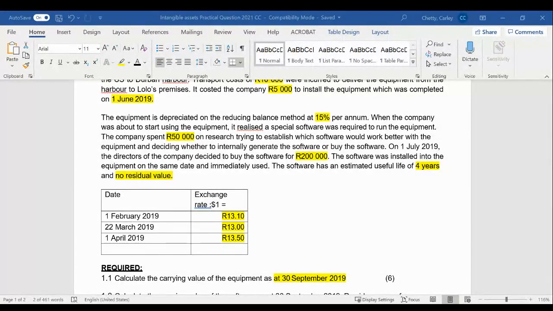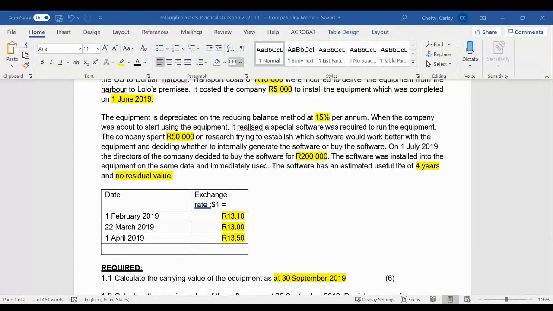We cannot record them together. The software is an intangible asset and the equipment is considered a fixed asset. So we need to record them separately, okay? So those research costs actually relate to the software, okay? So we will consider, should we include these research costs when we look at the software? So first of all, they don't relate to the equipment at all, okay?